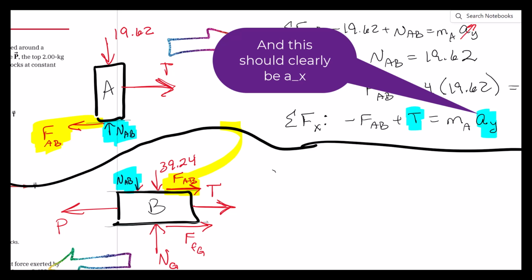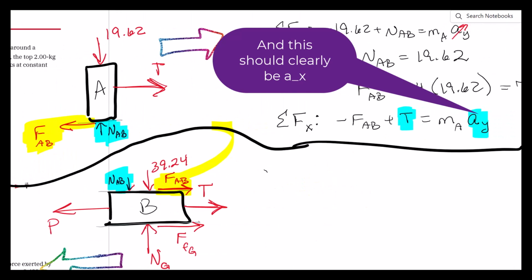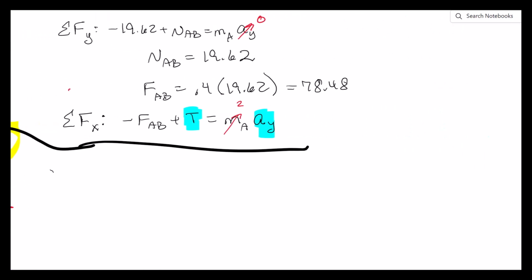The mass of A was 2, and the friction was 7.848, so I have negative 7.848 plus T equals 2 times the acceleration.